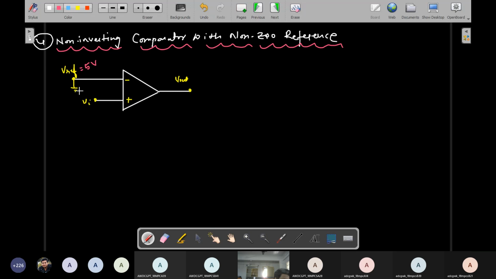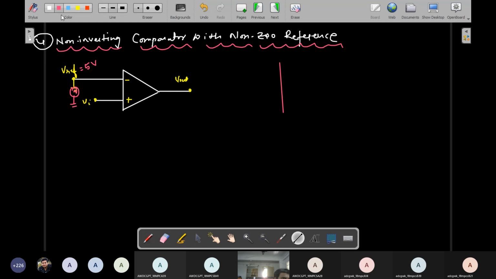Right now I am applying 5 volts to this other terminal. So see here what will be happening to the output voltage.